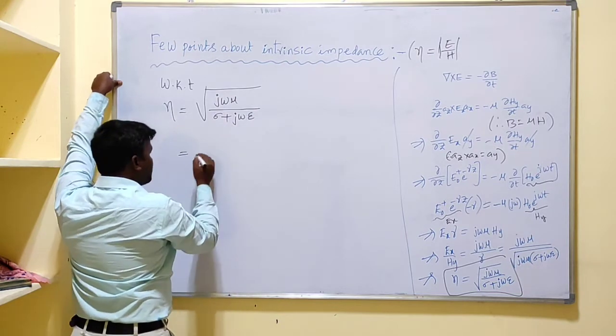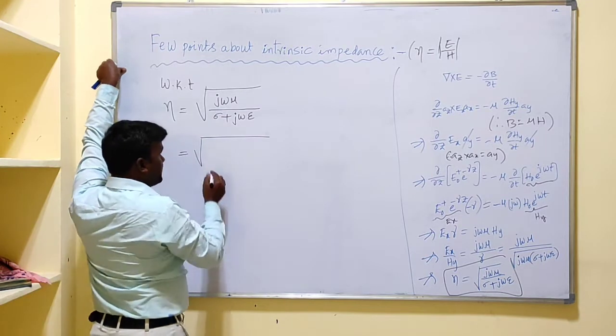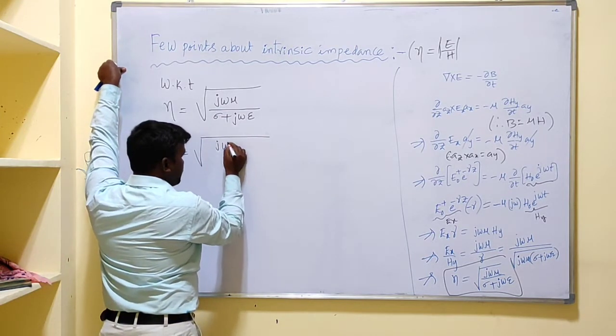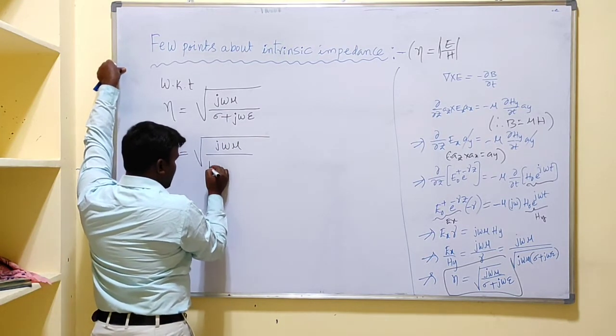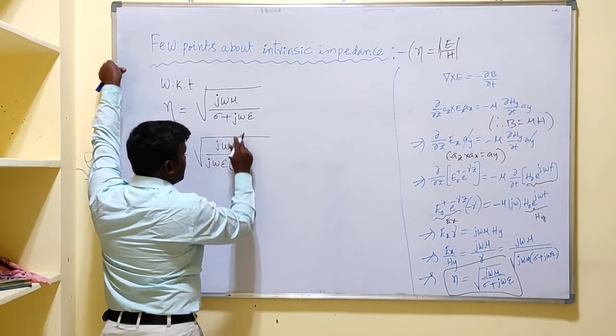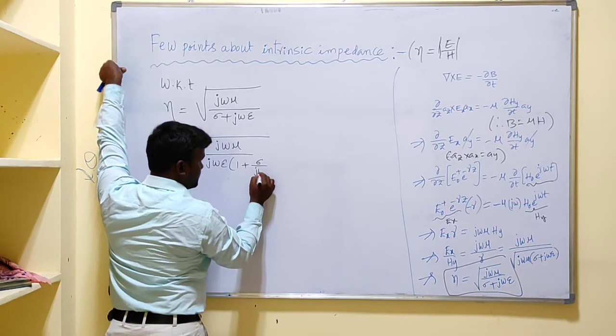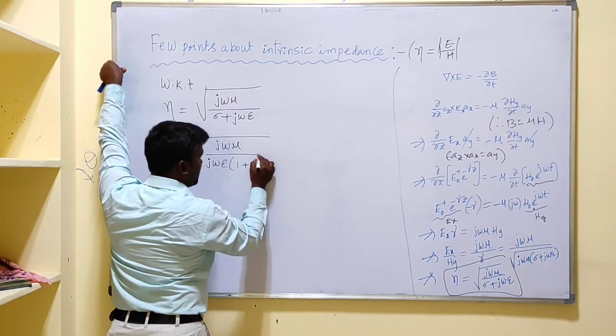And if I take j omega epsilon as common in the denominator, we can write j omega mu by j omega epsilon into 1 plus sigma by j omega epsilon.